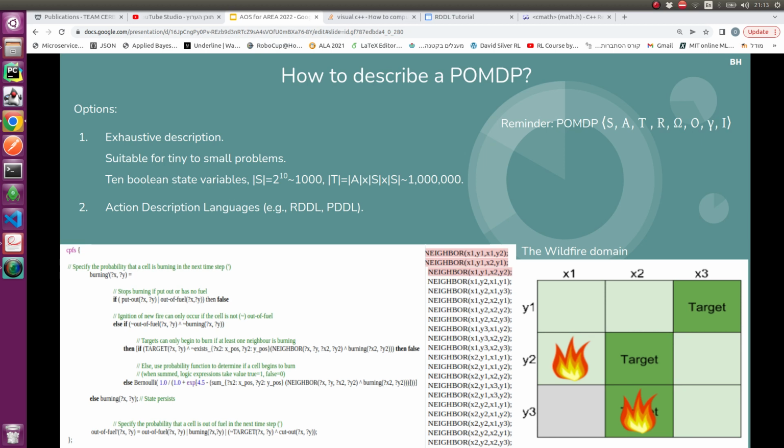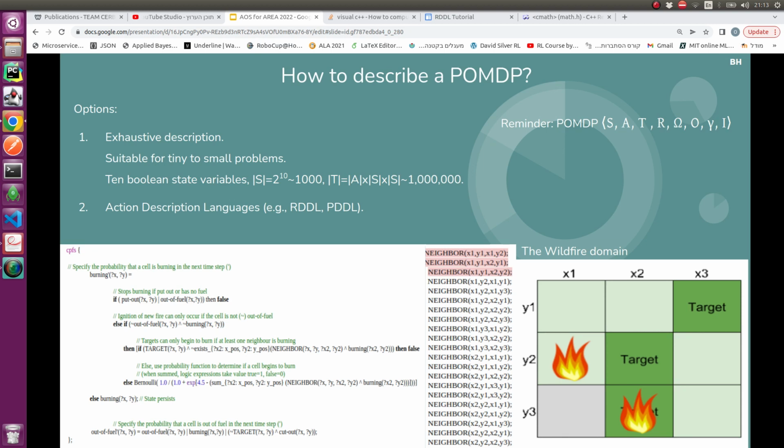So what do people usually do? They use action description languages, ADLs. And we have RDDL, which is an ADL for POMDPs. In this example, we see how we can compactly describe the transition function of a domain. RDDL is very expressive.